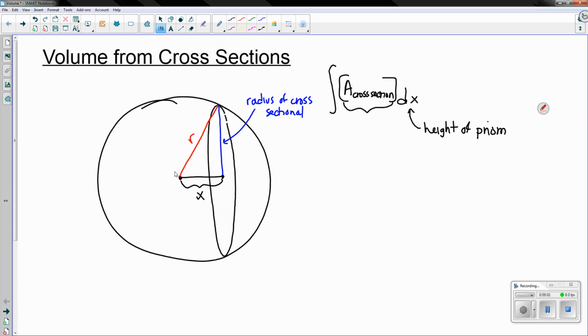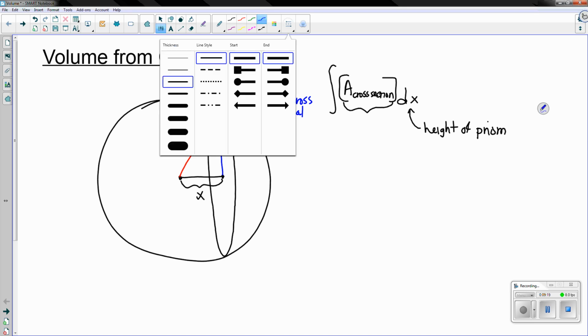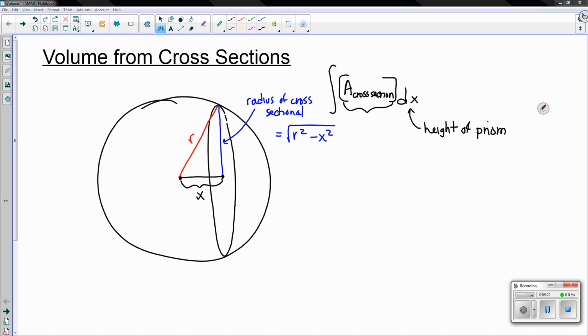And that radius of the cross-section is going to equal the square root of the radius of the sphere squared minus the distance from the center squared. In fact, let me write that in blue to stay consistent so you know what that's referring to. So what we have here is the radius of any cross-section.